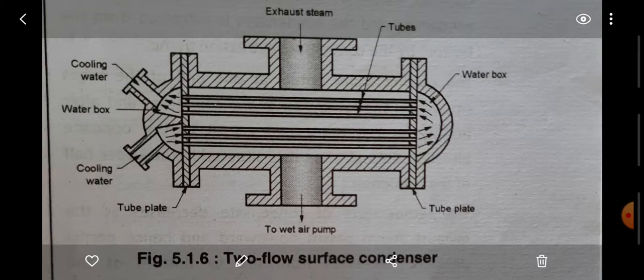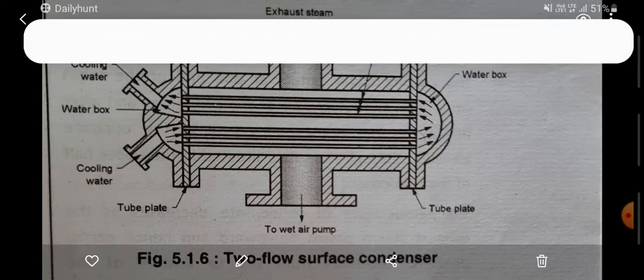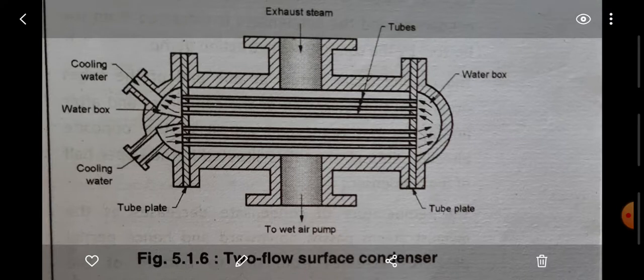The cooling water enters at one end of the tubes situated in the lower half of the condenser, and after flowing, at the other end returns in the opposite direction through the tubes situated in the upper half of the condenser.